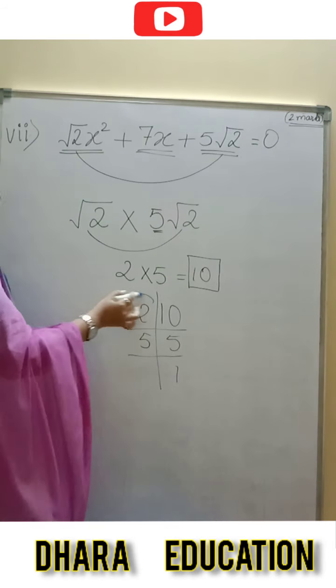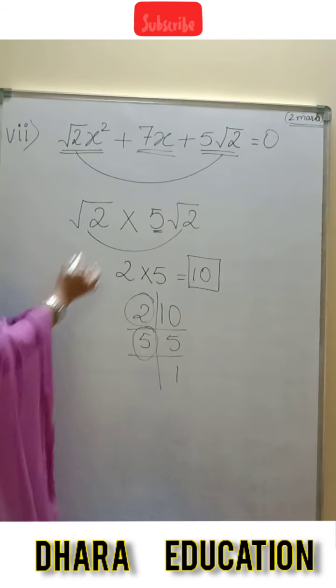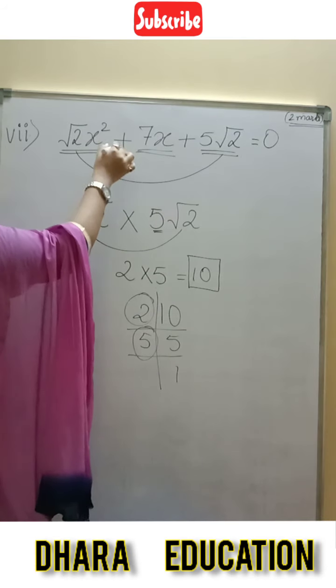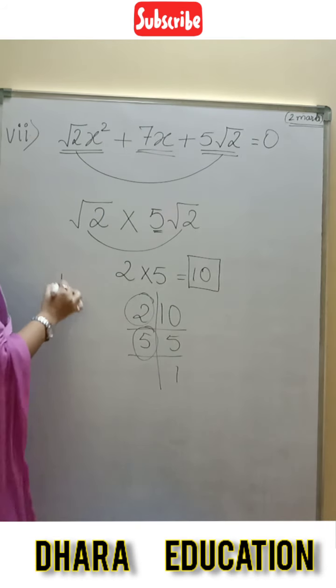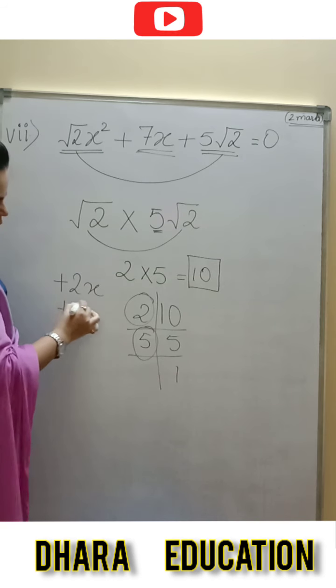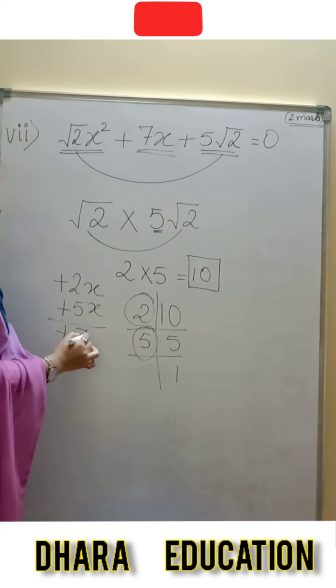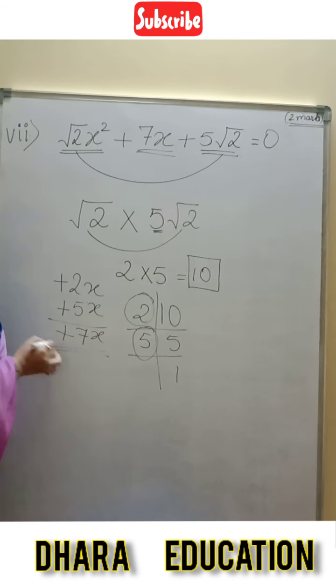So we are getting 2 and 5. The middle term is already positive, so we just need to take plus 2x and plus 5x, which gives us plus 7x. So we are getting the middle term. Am I clear on this point?